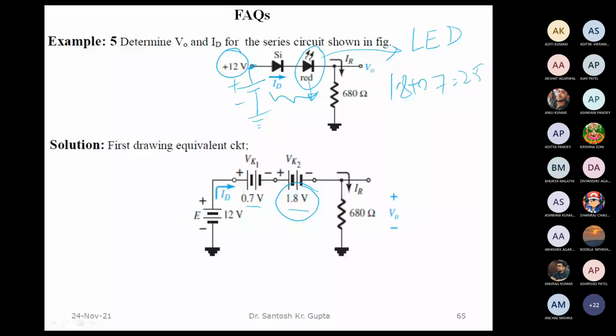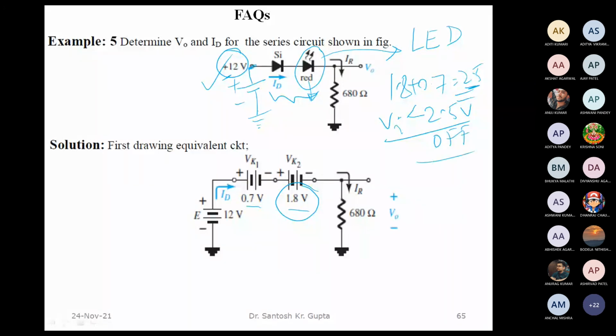So we have to compare our potential source in this case to see whether it is greater than or equal to 2.5 volt or not. If the applied potential is less than 2.5 volt, then our diodes will be off. Neither of the diodes is going to be on in that case.